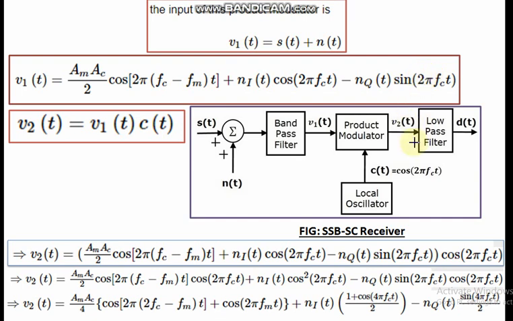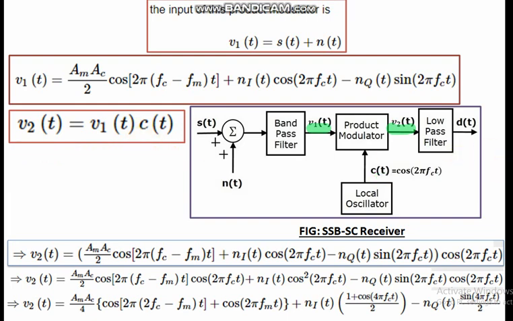Now at the end of the product modulator, which follows synchronous detection. Synchronous detection means the product is taken with a locally generated carrier signal which has the same frequency, magnitude and phase as the carrier signal present in V1(t). So the product of V1(t) and c(t) is V2(t), which is mentioned here. V2(t) is V1(t) times c(t).